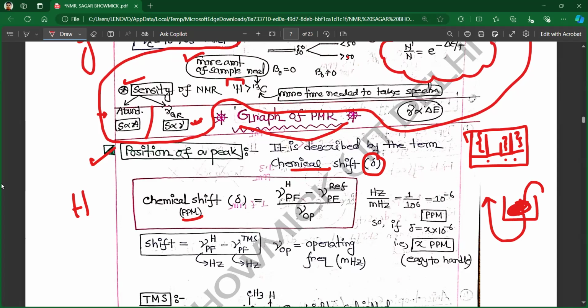So the formula is precessional frequency minus precessional frequency of reference, divided by the operating frequency, that means the machine frequency of the NMR machine. The first two are in hertz, and the machine frequency is in megahertz, so hertz by megahertz gives 10 to the power minus 6. So this unit is ppm.